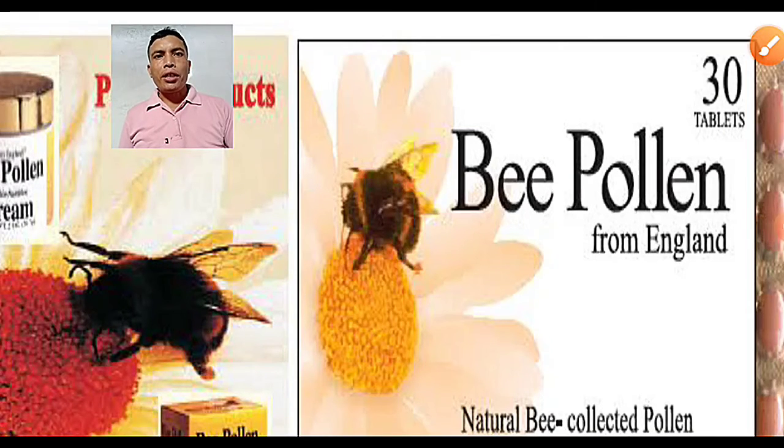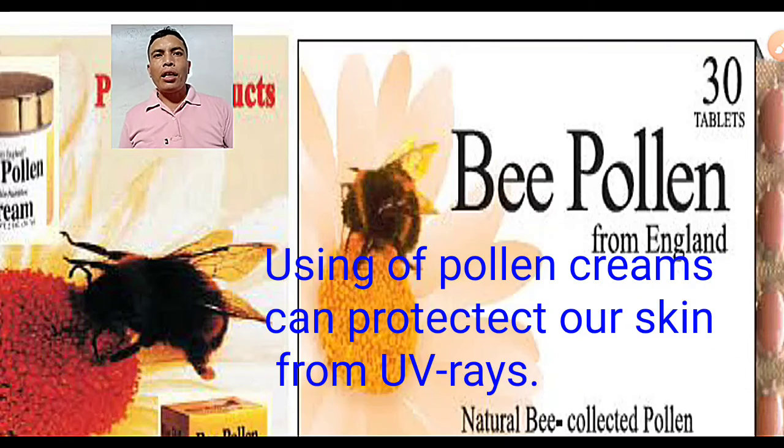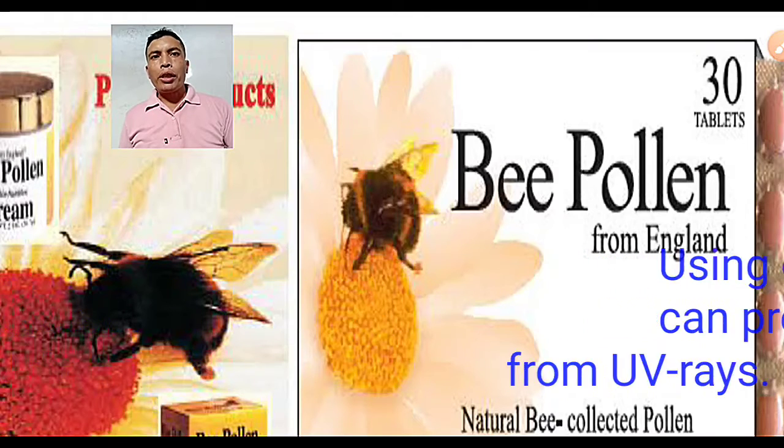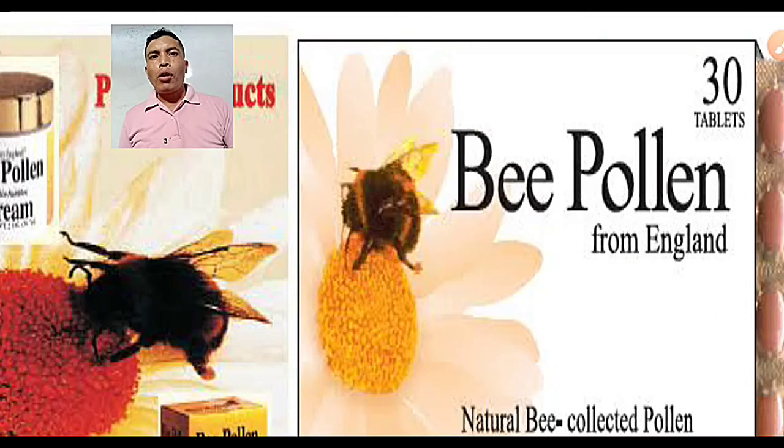Pollen grains possess unsaturated fats which protect the grains from ultraviolet rays. Therefore, the grains are used in creams, emulsions, and other cosmetics for providing smoothness and protection of skin. Pollen consumption has been claimed to increase the performance of athletes and racehorses.